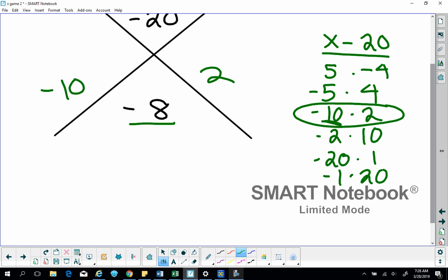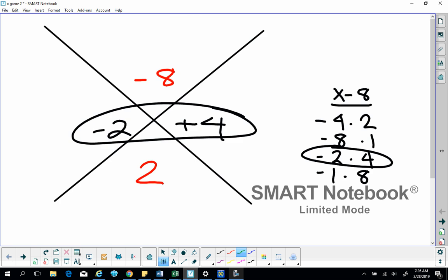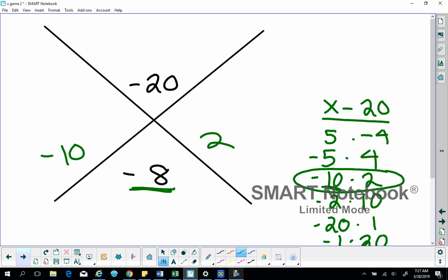So right here, see how 10 has the negative and this is negative? And before, since this was positive, 4 was positive. So it's kind of like a little trick. You don't have to memorize it, but it's a good way to figure out, okay, if I'm adding to a negative number and multiplying to a negative number, the bigger number needs to be negative.